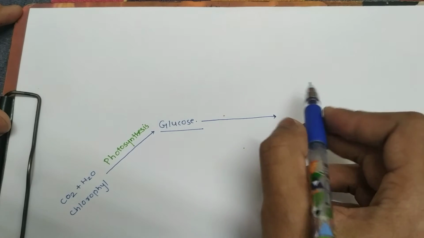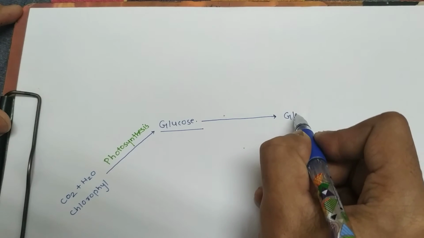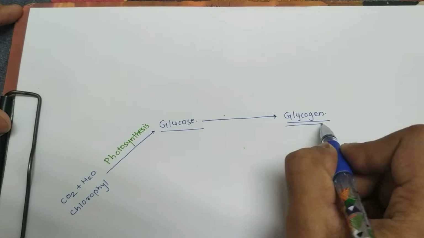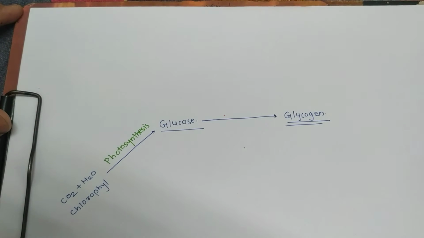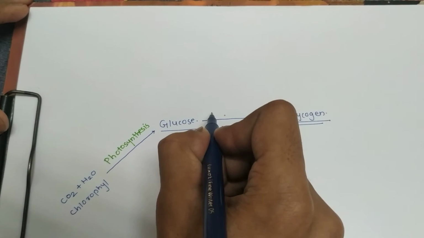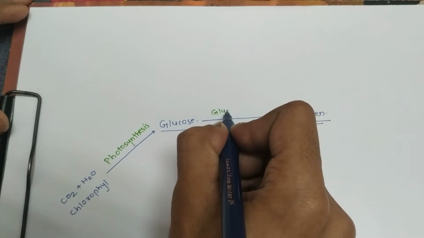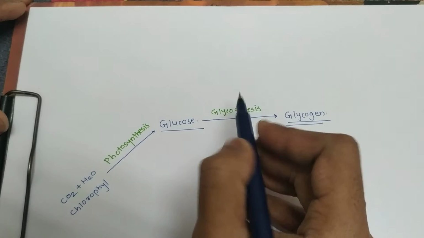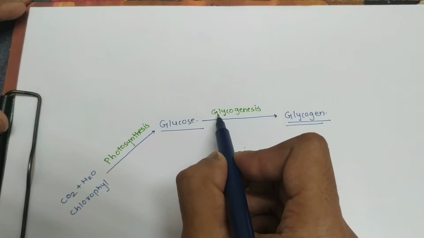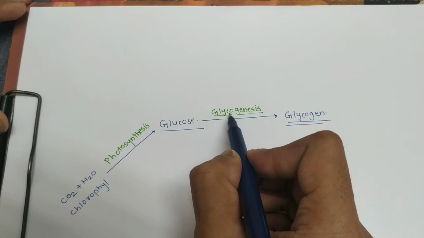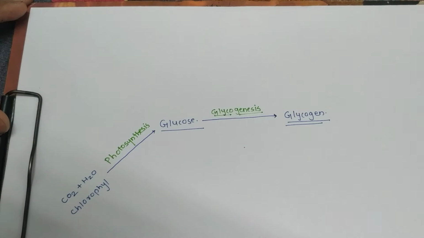So the glucose is stored in the form of glycogen, and the pathway is known as glycogenesis. Glycogenesis is made up of two words, glyco and genesis. Genesis is the formation and glyco is the glycogen.